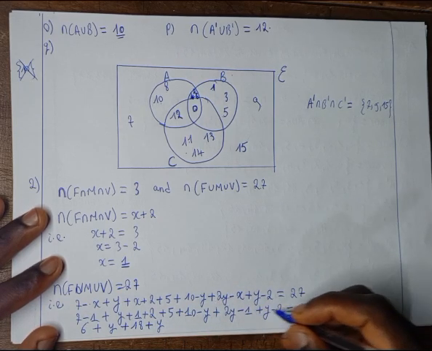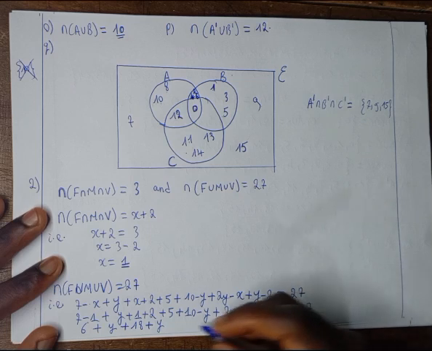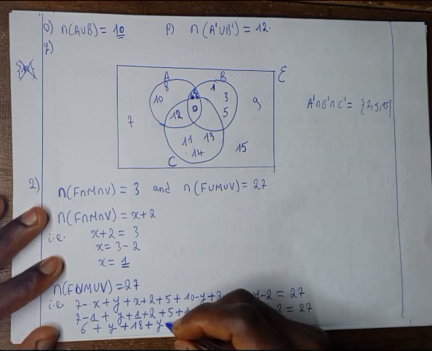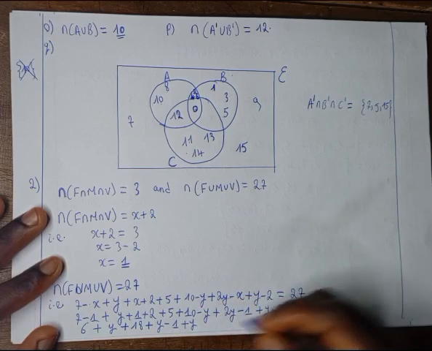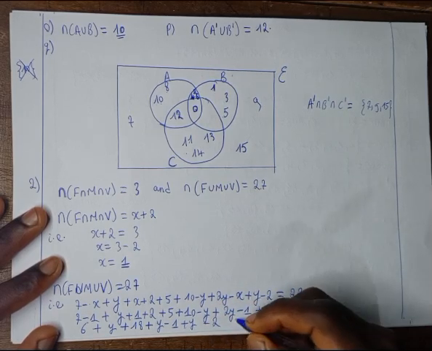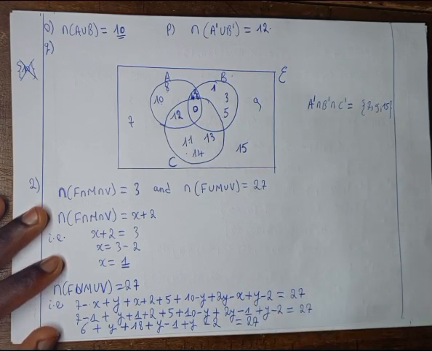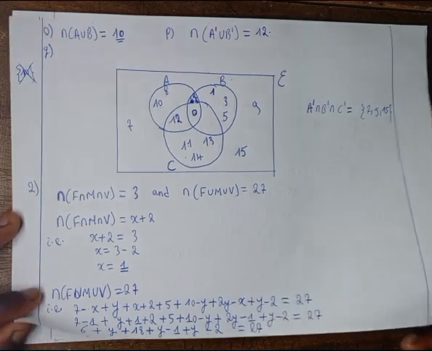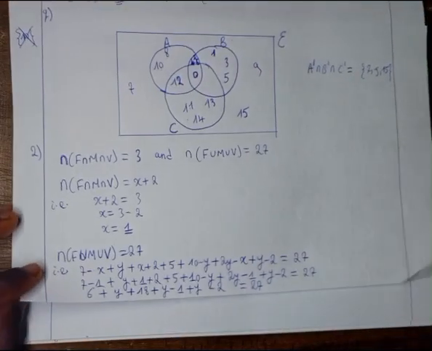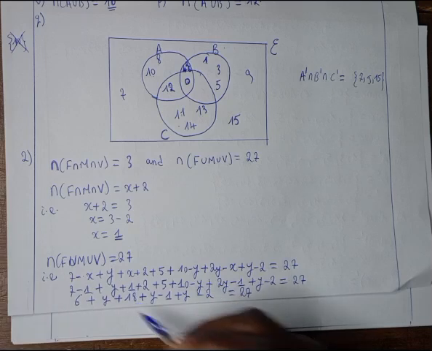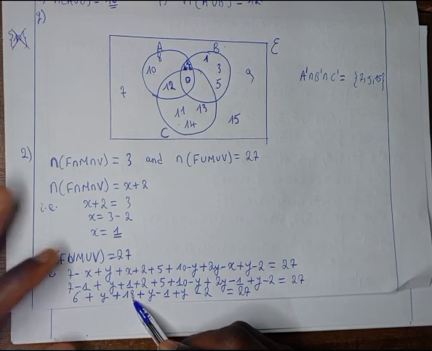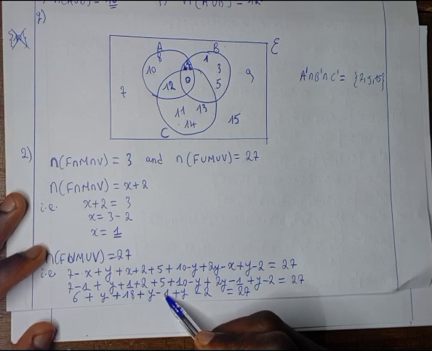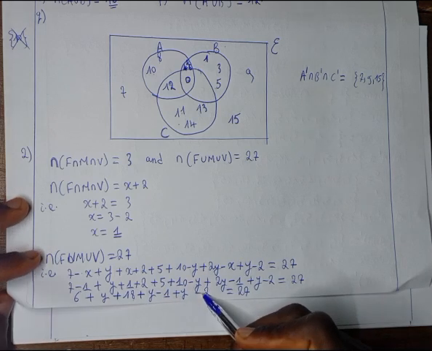Here we have minus 1 plus y, so minus 1 here plus y minus 2 is equal to 27. This will give us 6 plus 18. 6 plus 18 gives us 24. 24 minus 1 gives us 23. 23 minus 2 gives us 21.